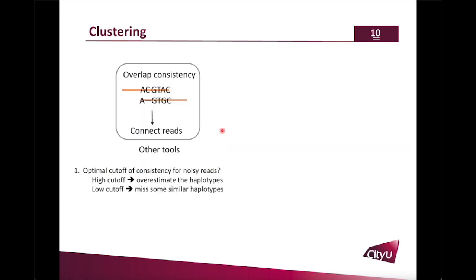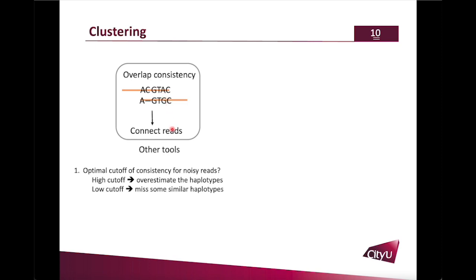There are some tools using the overlap consistency to connect reads directly, and they need to determine a cutoff for the overlap consistency. However, it is not trivial to determine the best cutoff because we don't know how similar the haplotypes are in the sample, and the overlap length usually varies.